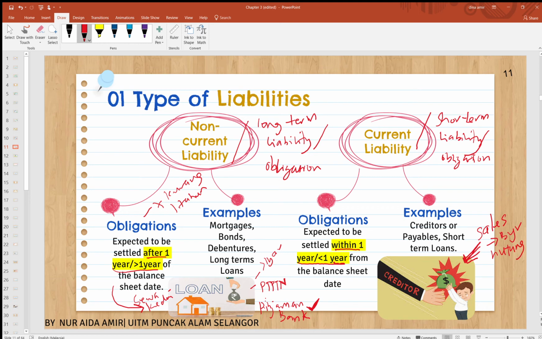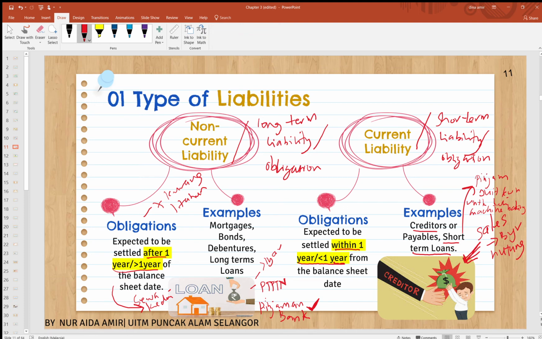Current liabilities ni, example dia macam creditors, short term loan. Short term loan ni contoh macam pinjam duit kawan lah. Itu paling simple lah. Pinjam duit kawan, duit family untuk beli mesin bakery, mesin baking.